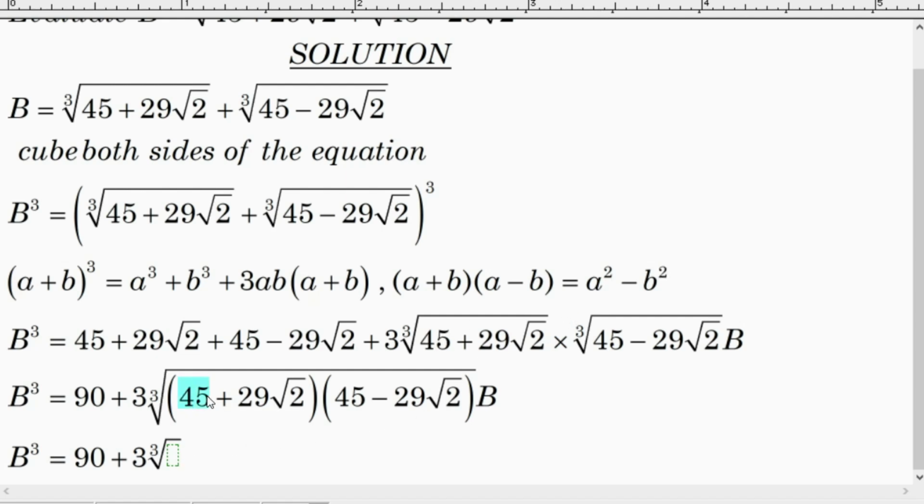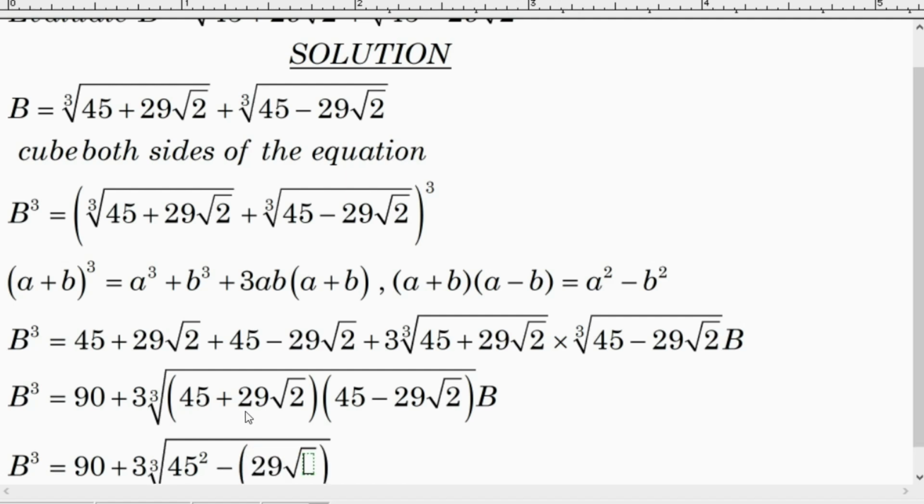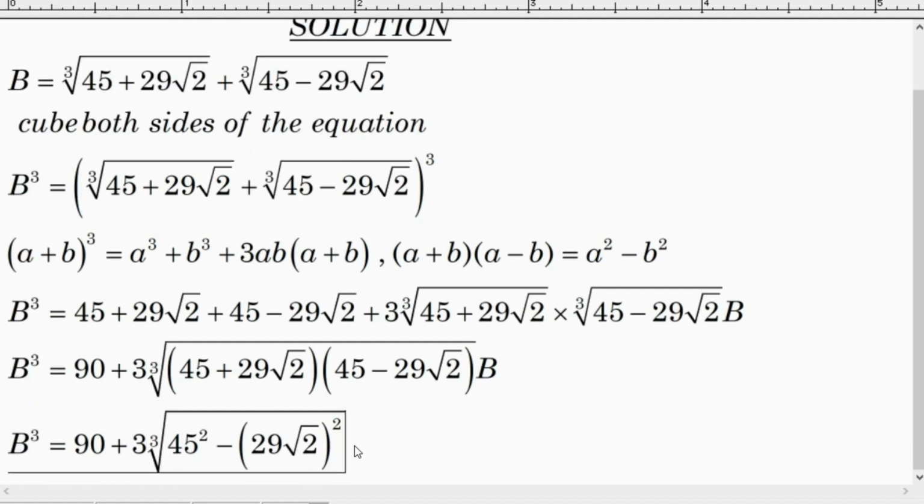This stands for a and this stands for b. So a squared is 45 squared, and then minus b squared, which is 29 square root of 2 raised to the square, and then times B.